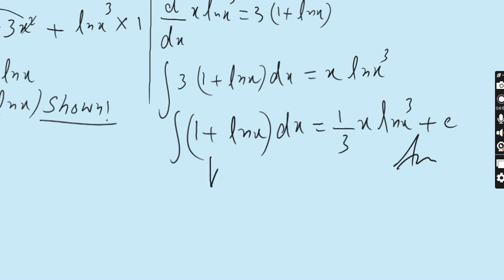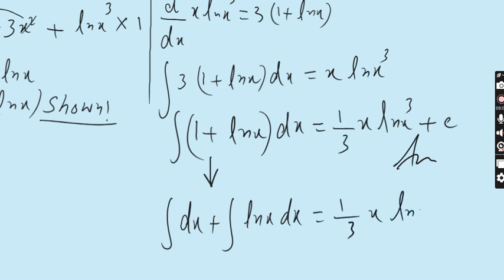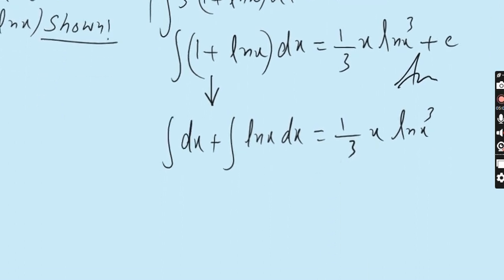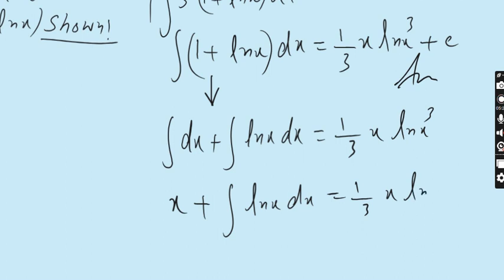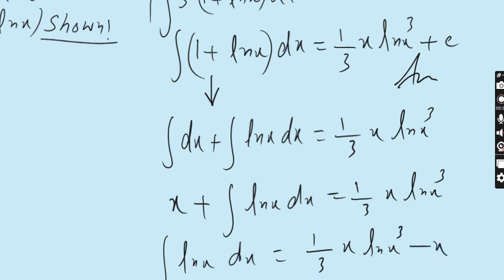So take this: 1 into dx is dx, 1 into ln x is ln x dx, which is equal to 1 upon 3x ln x cube. Then the integration of dx is x plus the integral of ln x dx is equal to 1 upon 3x ln x cube. So the integral of ln x dx is 1 upon 3x ln x cube minus x.